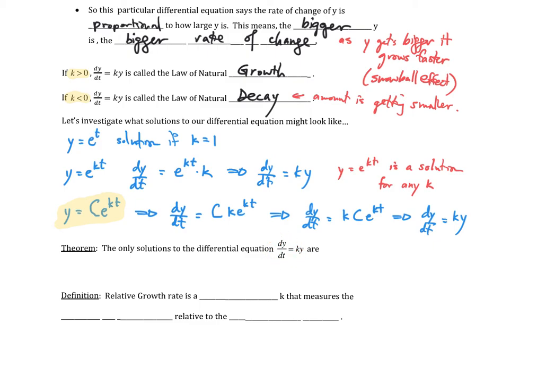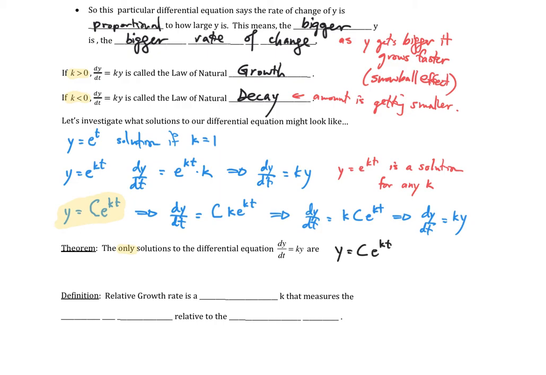So there's a theorem, which we're going to talk about now, that says not only is the solution we just found a very general solution, but really the only solutions to the differential equation dy dt equal to ky are y equal to c times e to the kt.